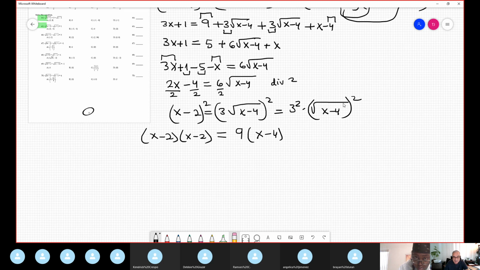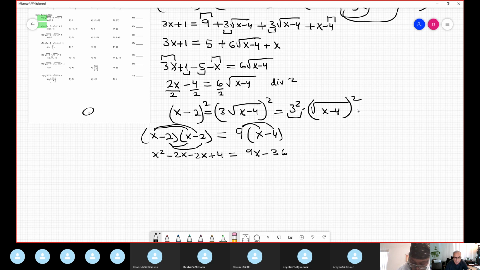Open this parenthesis, because this number 9 multiplies not only the first term, it multiplies the whole thing. Now FOIL here. FOIL is easy: x squared minus 2x, minus 2x again, plus 4. Here is 9x minus 36.